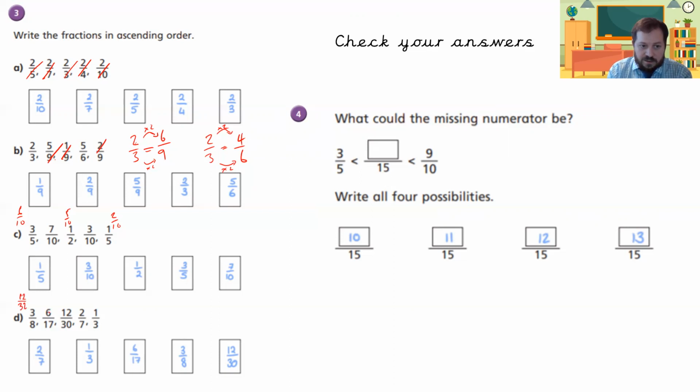Then 6 times by 2 is 12. So I times 17 by 2, which is 34. Got that one with a 12 on top, so I don't need to worry about it. 2 times 6 is 12. So 7 times 6 is 42.